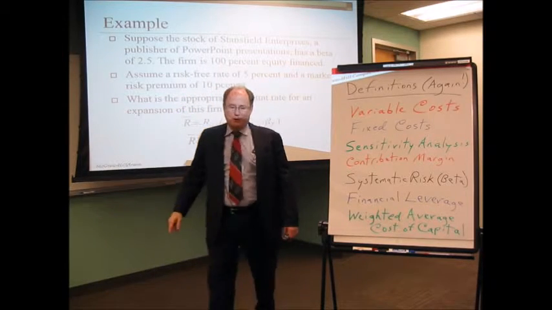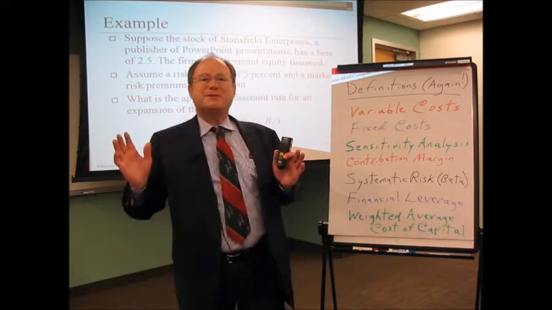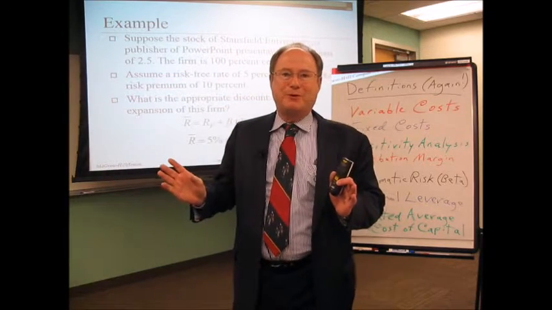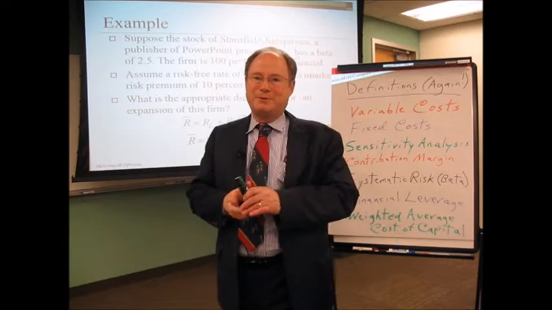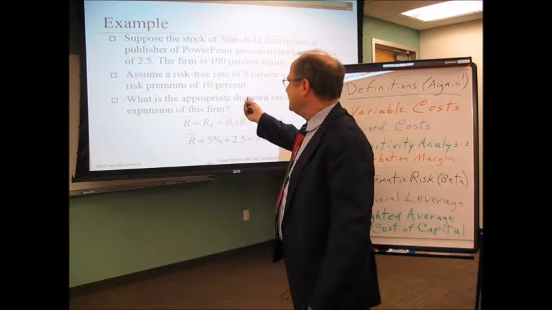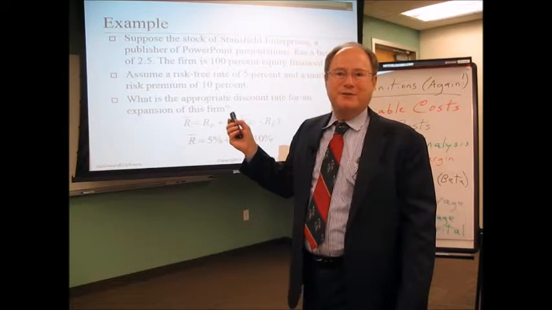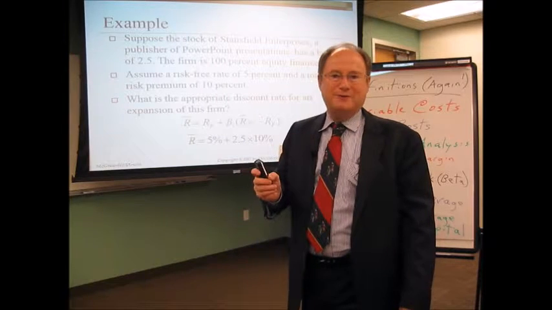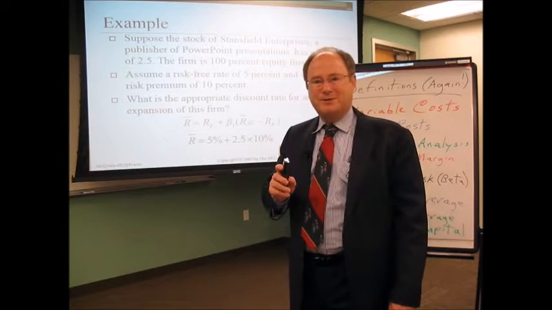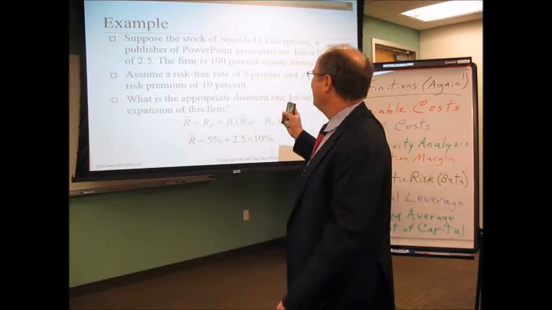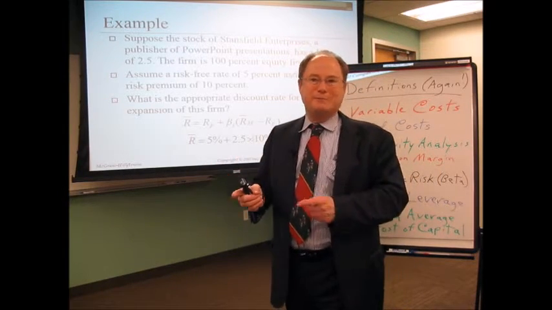When they say market risk premium, they've already subtracted the risk-free rate from the cost of debt. So the difference is 10%. So that means the market cost of debt for this company was a whopping 15%. The risk-free rate was 5%. So the market risk premium is the difference between the two.